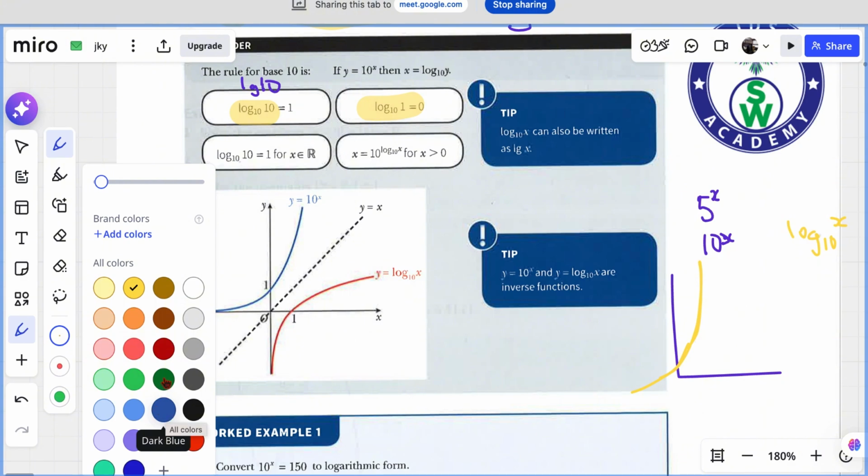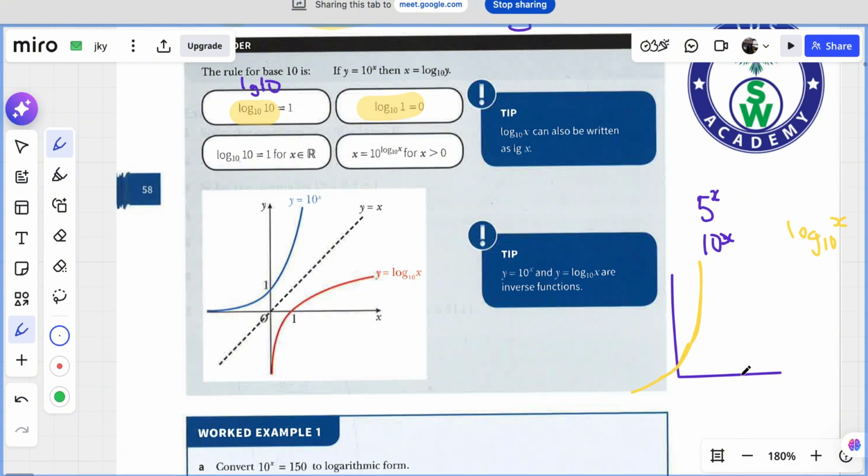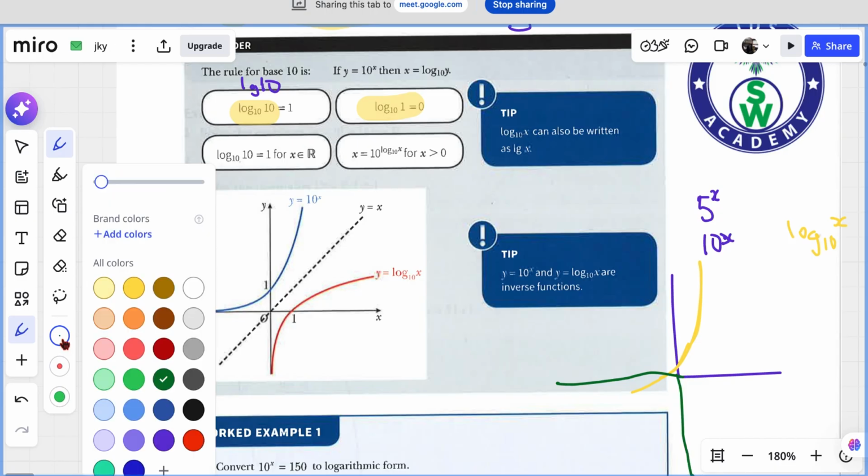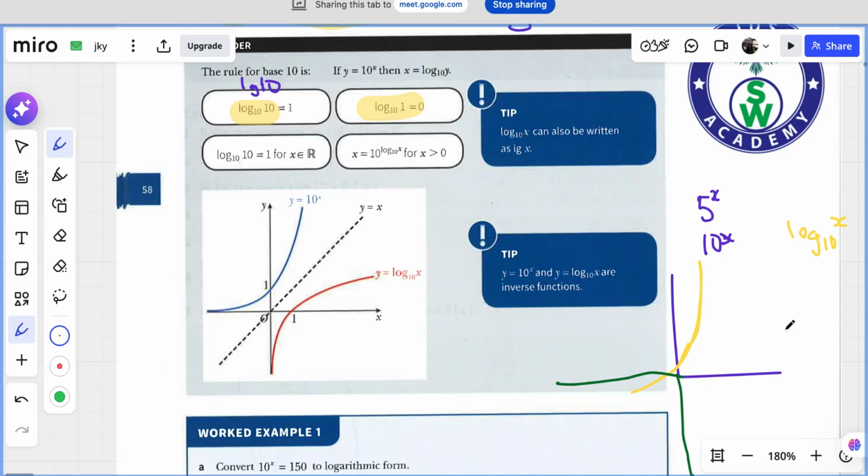Let's take the graph of log 10 x. Let's extend this and make our graph on the Cartesian plane like this. The graph of this one will be a curve going through this point.